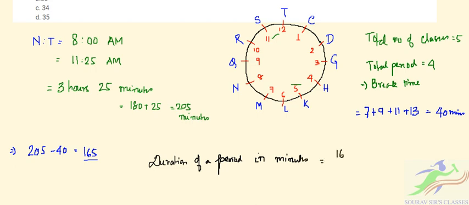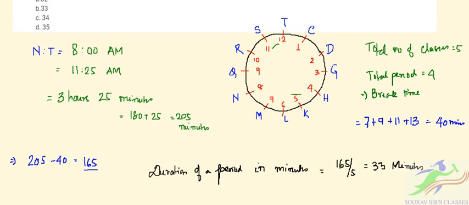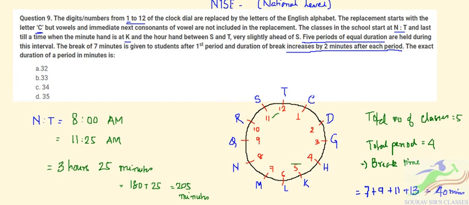It is 165 by 5, which is equal to 33 minutes. So that is the duration of each period. In our case the correct option is option B, 33.